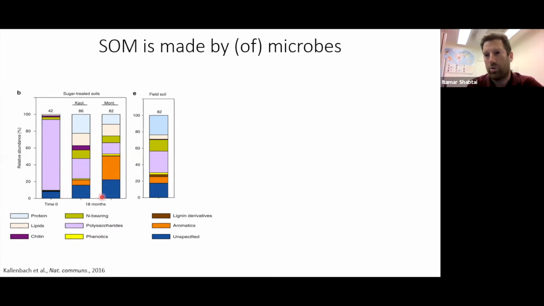So this is basically a clay mineral, sugar, and microbes, and the organic composition is now strikingly resembling that of a field soil, which indicates that soil organic matter must be mostly made out of microbes, their necromass, and the microbial metabolites that they exude throughout their lifetime.